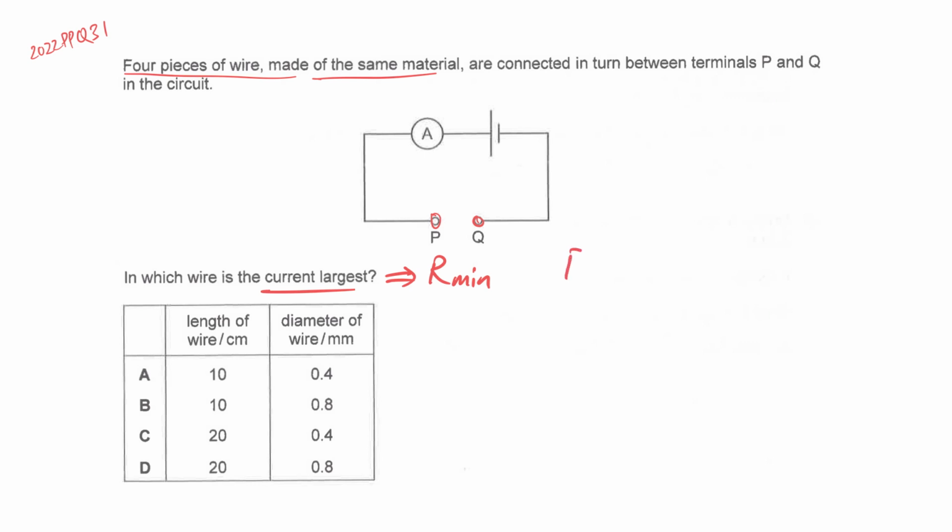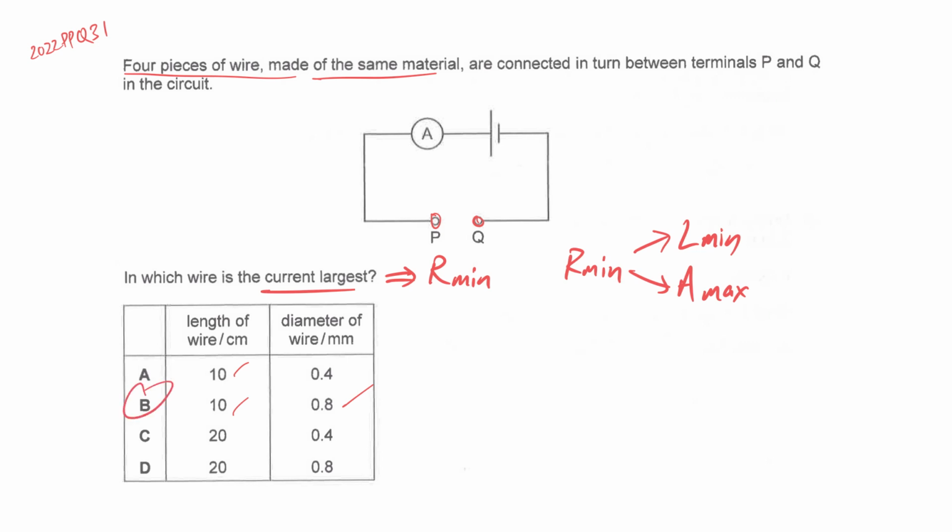If I want the resistance to be minimum, the length has to be the minimum and the cross-sectional area has to be the maximum. So the length has to be the shortest, so it's 10 instead of 20, and the diameter has to be the greatest, the thickest. Therefore, the answer is B.